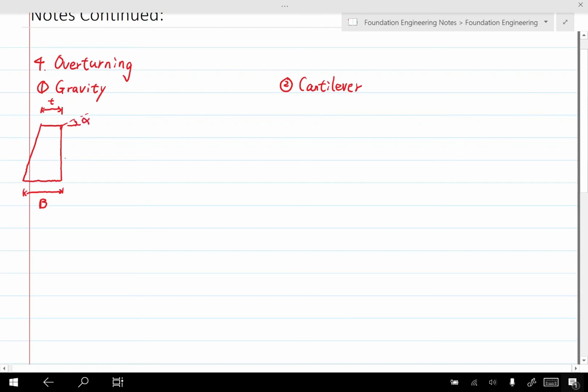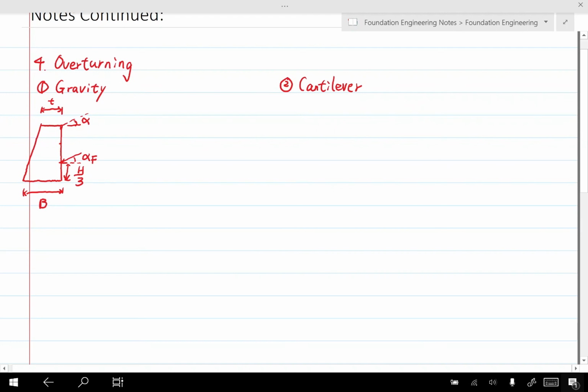And we know we will have the FA acting at this point, which is 1/3 of H from the bottom of the wall. And the angle of this force is alpha F. This is what we learned in part 3 of this lecture. And the distance from this point to the bottom is 1/3 of H.